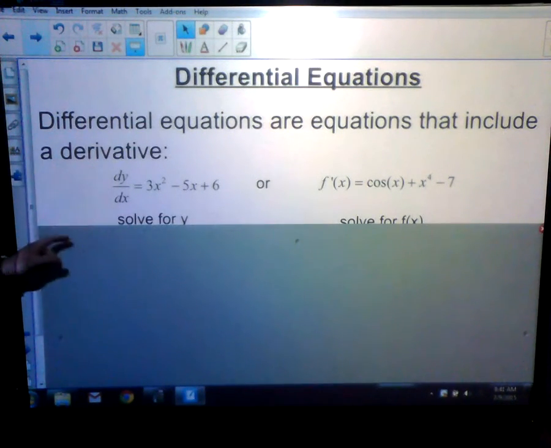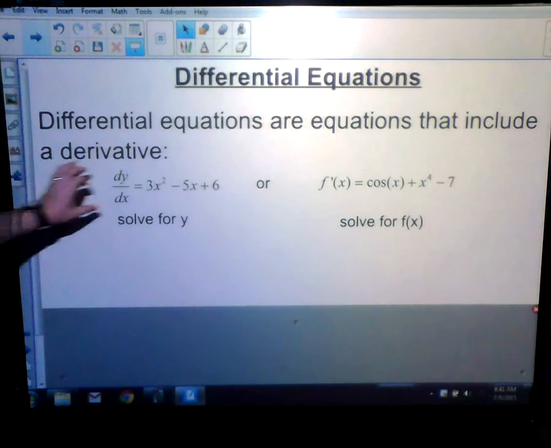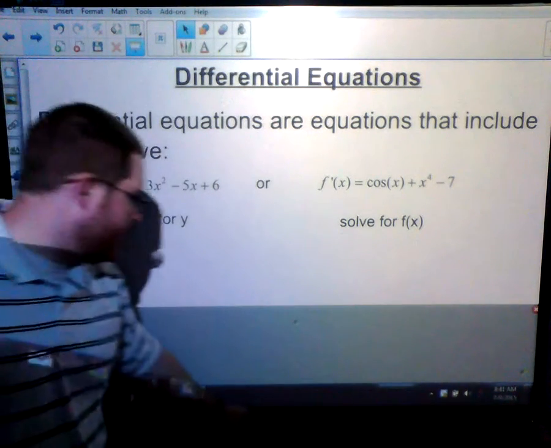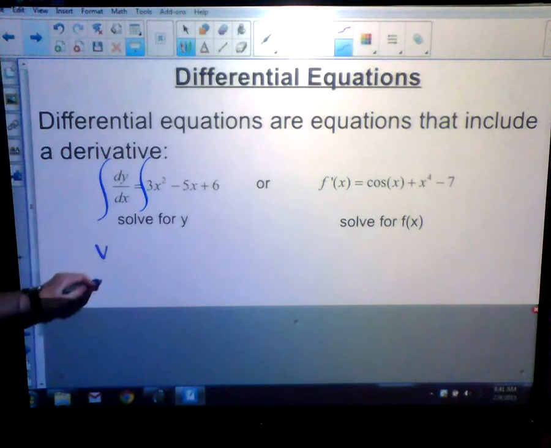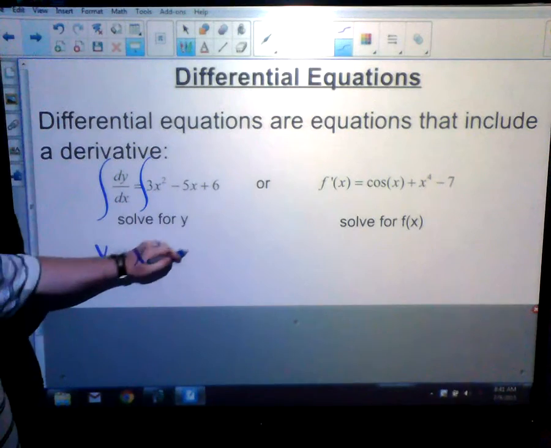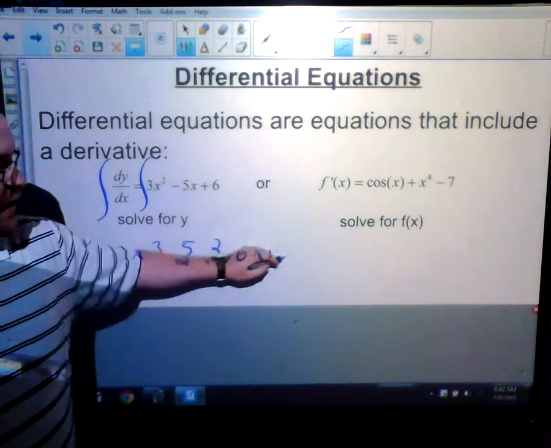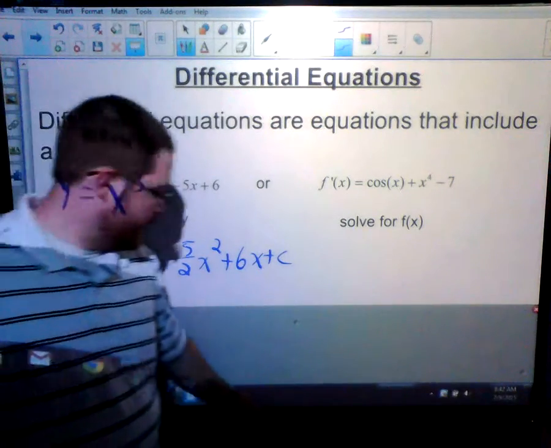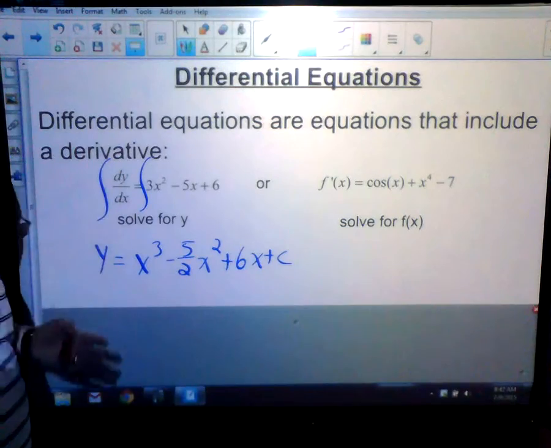Differential equations are equations that include a derivative. Both of these are examples. This is very similar to the problem we just did. If you integrate both sides or take the antiderivative of both sides, you get y equals x cubed minus 5 halves x squared plus 6x plus c. On this side, it's a derivative. It's just a different way to write it, but it's still a derivative.